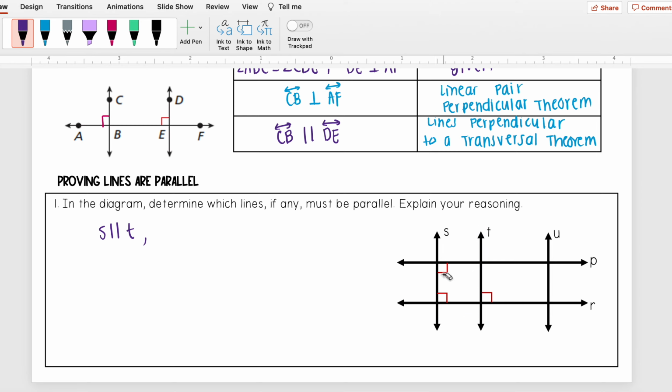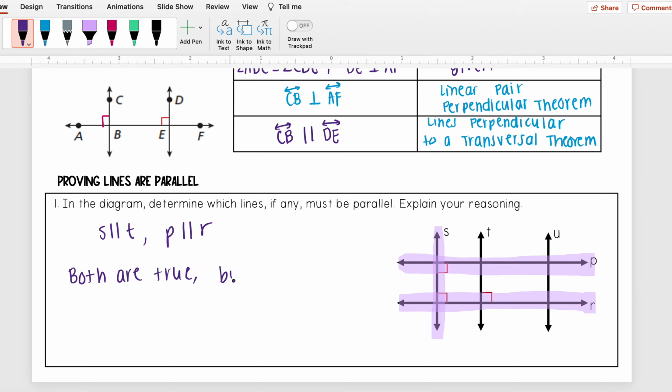I see that these two lines are also perpendicular to S. So I see that P is perpendicular to S. And then I also see that R is perpendicular to S. Now since lines P and R are perpendicular to S, that means that P is parallel to R. And so both are true by the lines perpendicular to transversal theorem.